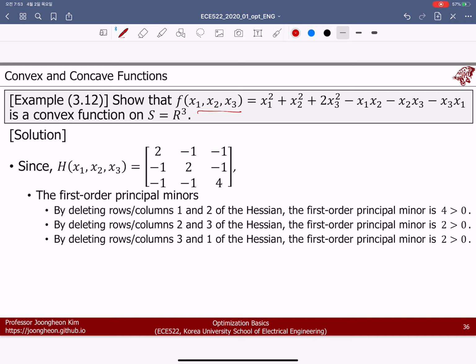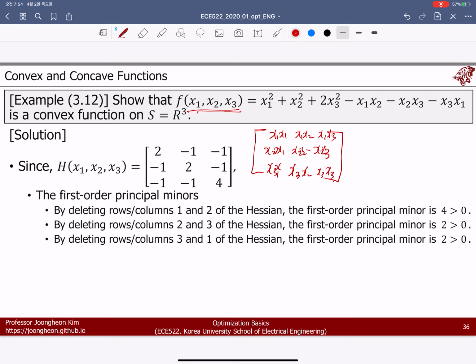So now, in order to calculate the Hessian of this one, we have to make the matrix just like that. We do the second order derivatives with x1, x1; x1, x2; x1, x3; x2, x1; x2, x2; x2, x3; x3, x1; x3, x2; x3, x3, okay?